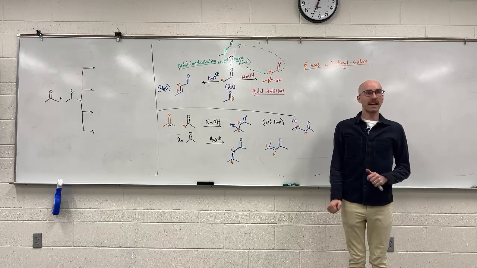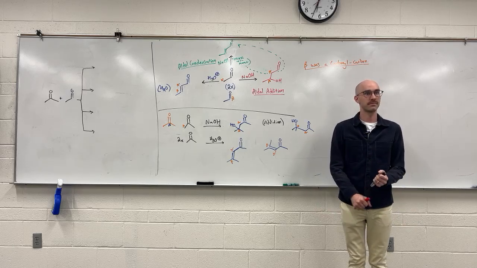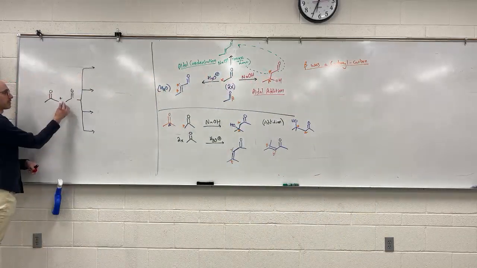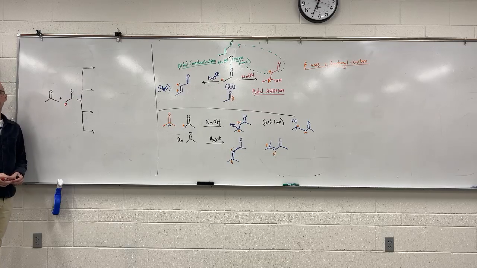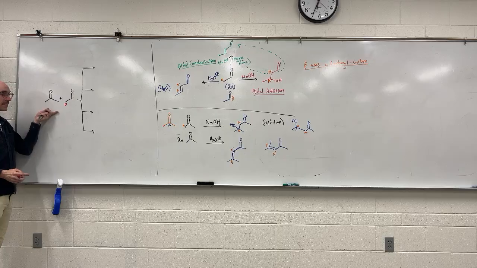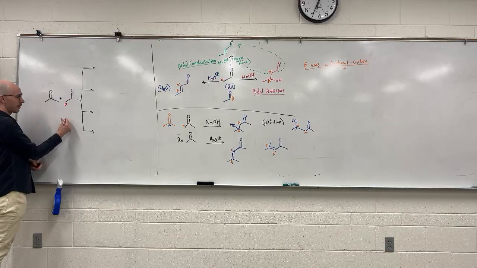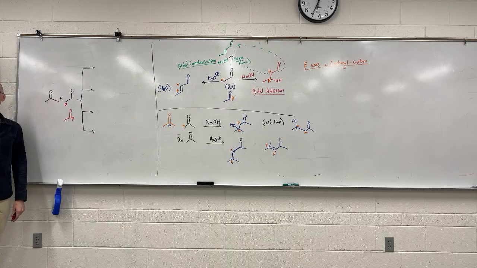Okay, where is my alpha and where is my beta? We already know that acetaldehyde's alpha position can be the nucleophile. And if I have both of these present, that means that another equivalence of aldehyde could also be the electrophile.